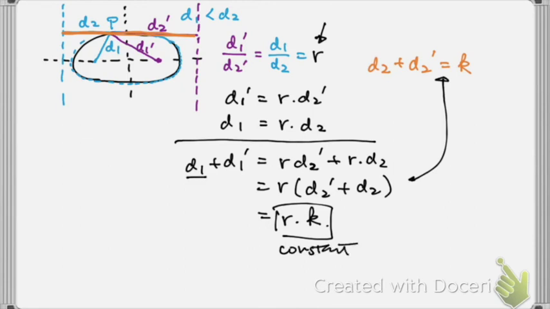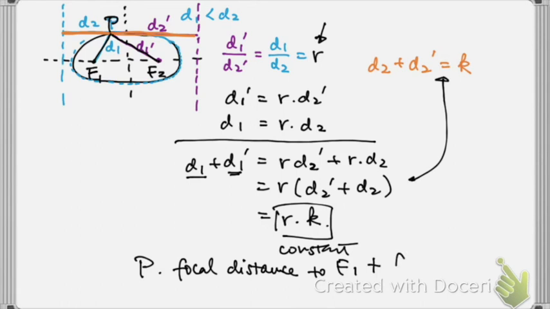Well, D1 is the distance from the point P to the first focus, let's call that F1. And D1 prime is the distance from a point P on the ellipse to the second focus, F2. Which means that for any point P, the focal distance to F1 plus the focal distance to F2 is a constant.